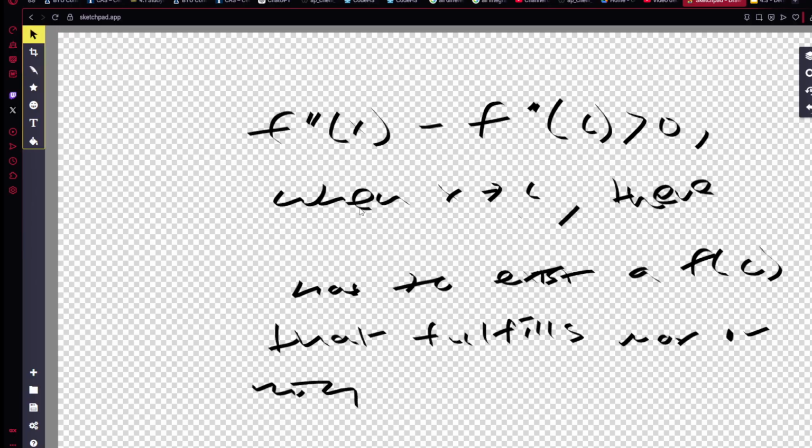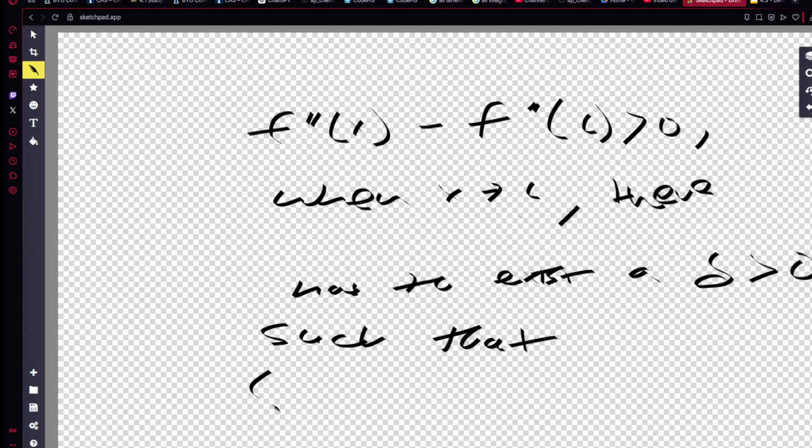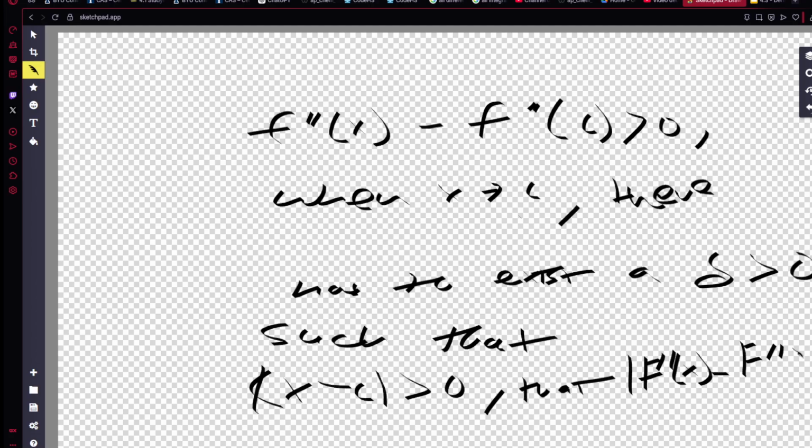Actually, because that just goes back to Fermat's theorem, there has to exist a delta greater than 0 such that x minus c is greater than 0, and that f double prime of x minus f prime of c is greater than delta as well.